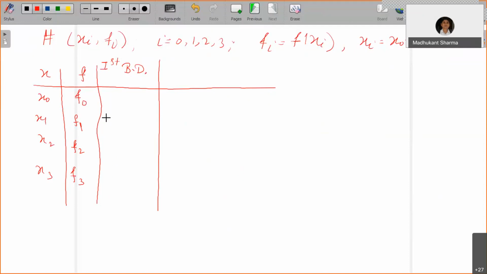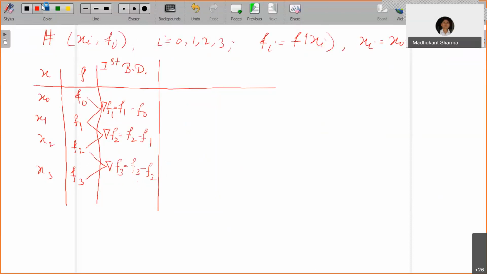The function value at the previous nodal point is not known. So it is only possible to have f1 minus f naught, which we denote as delta f1. Similarly, delta f2 is equal to f2 minus f1, and delta f3 is equal to f3 minus f2. Starting with the present value minus the value one step back.